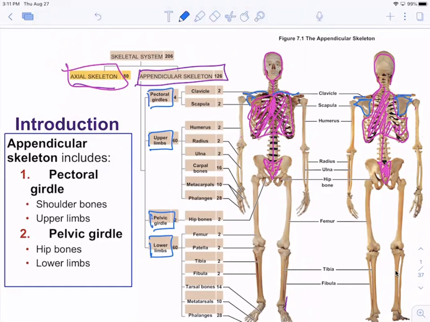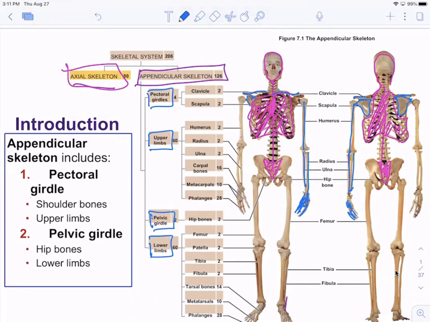That's our pectoral girdle. We have the humerus, part of the upper limb. We have the ulna, which is medial, and the radius, which is lateral. Then we have the digits: the metacarpals, carpals, and digits.